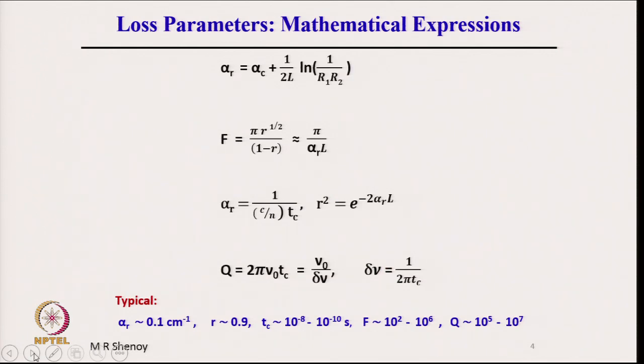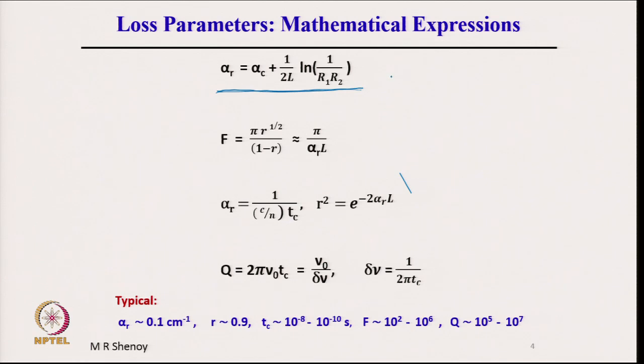We will obtain the mathematical expressions. The resonator loss coefficient alpha r is given by an expression like this. We will show this, where alpha r is equal to alpha c plus 1 by 2L into ln 1 by R1 R2.